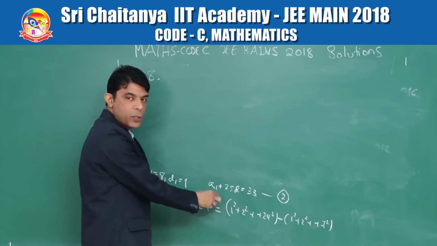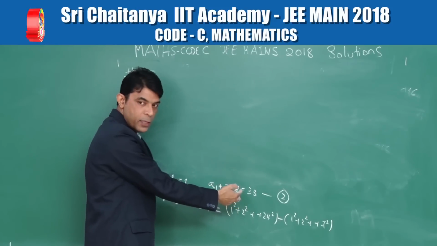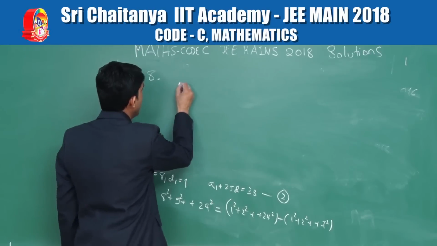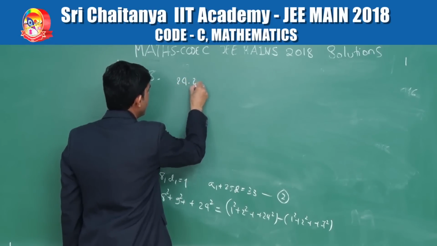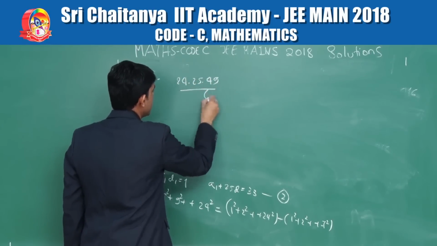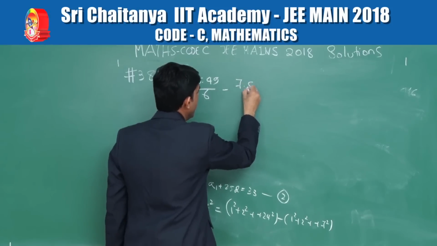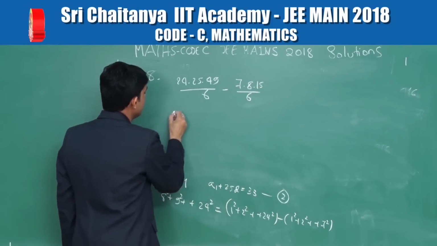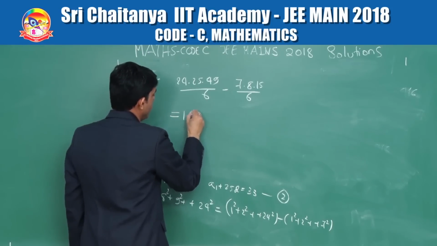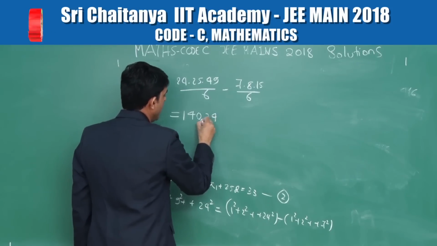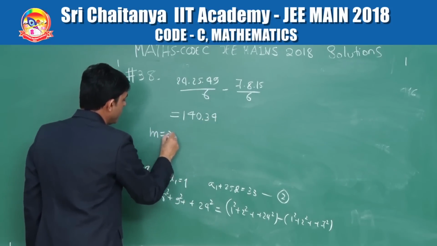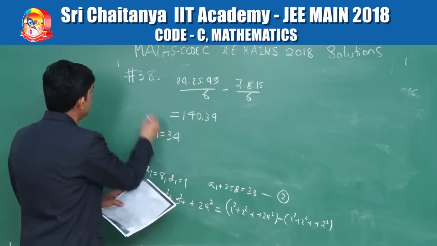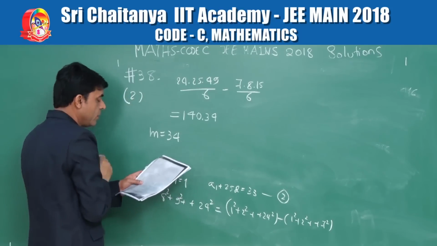It is the sum of squares of the first 24 terms, and the next summand is the sum of squares of the first 7 terms, so that you can calculate as 24 into 25 into 49 over 6 minus 7 into 8 times 15 over 6, and that simplifies to 140 into 34, and so our m turns out to be 34. And so the answer to number 38 is option 2, that is 34.